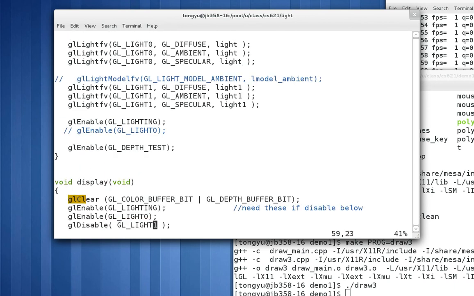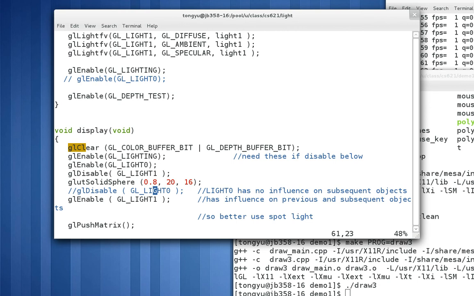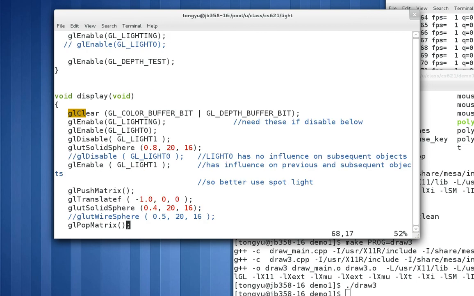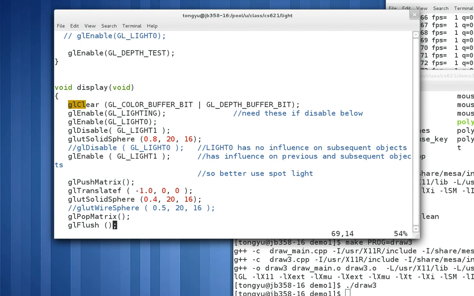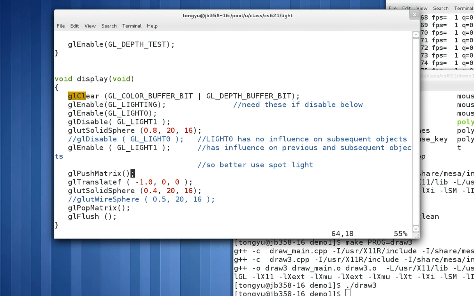So now we draw two spheres. The first one, we only use light 0. Okay, we disable light 1. And then the other sphere, we draw it with both light 1 and light 0.